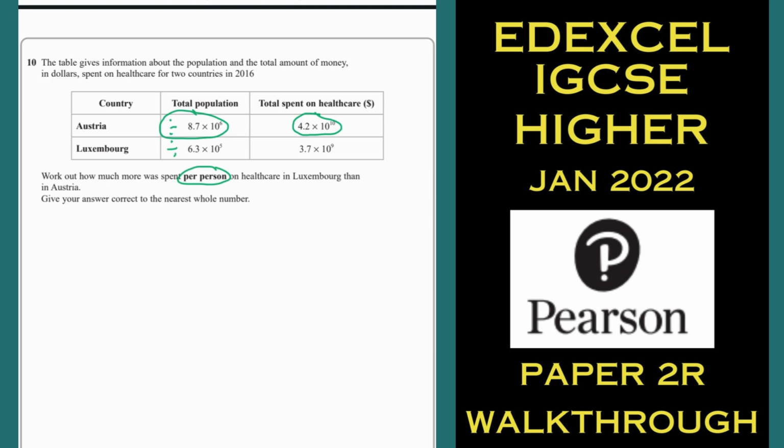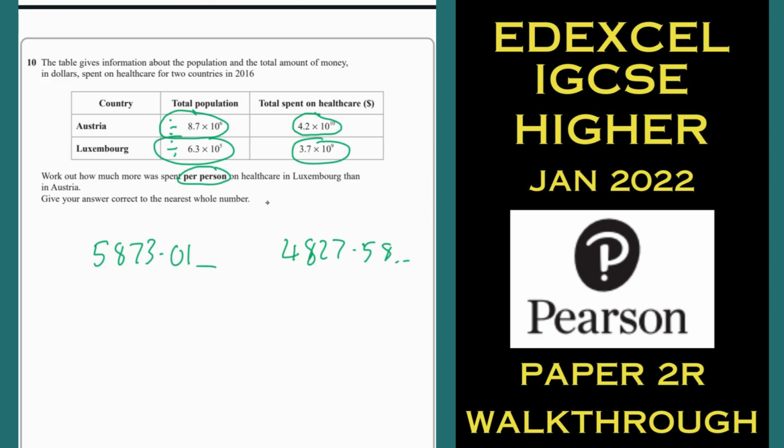Stick that in your calc, be careful with brackets, and you should be getting 5,873.01 whatever. For Luxembourg, same. Total spent divided by number of people should give you 4,827.58 and so on.